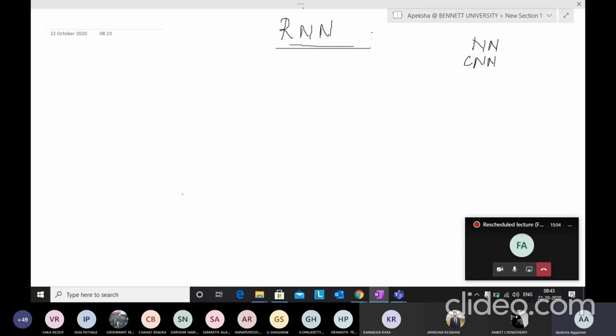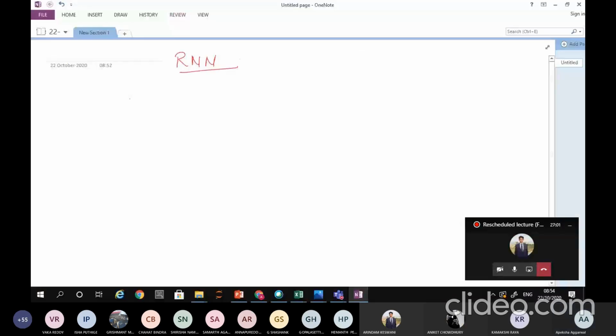In RNNs, we have additional notation. Suppose I have a sentence like John owns a car. This is a simple sequence.